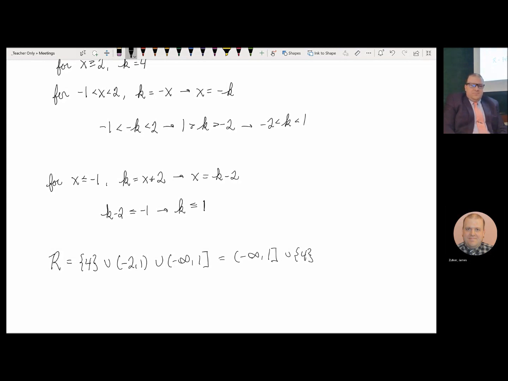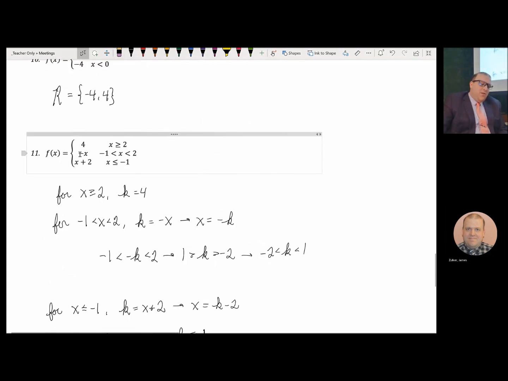So how do you get rid of the interval -2 to 1? Isn't that actually in this interval here? Yeah, so it just gets absorbed. Does the parentheses mean that -2 and 1 can't be included? Right, but 1 is included here. It's just saying that you don't get -2 or 1 from here.